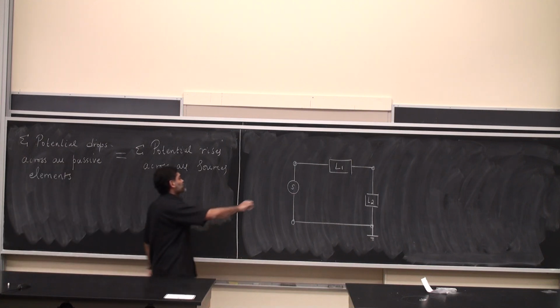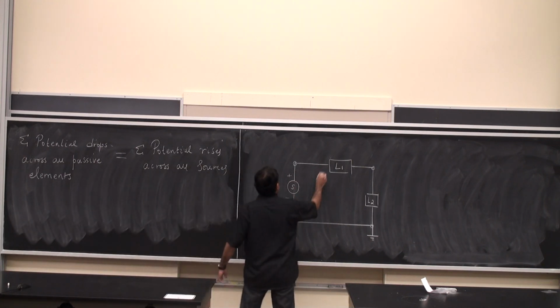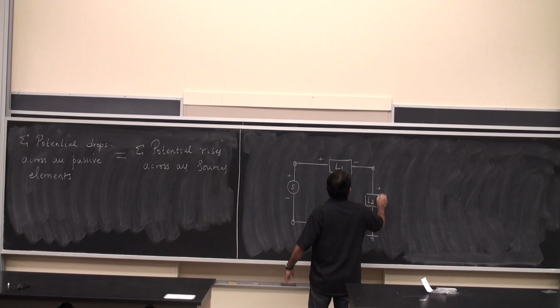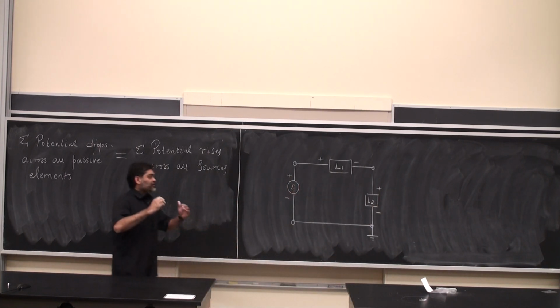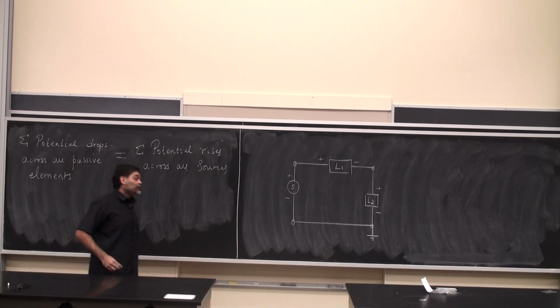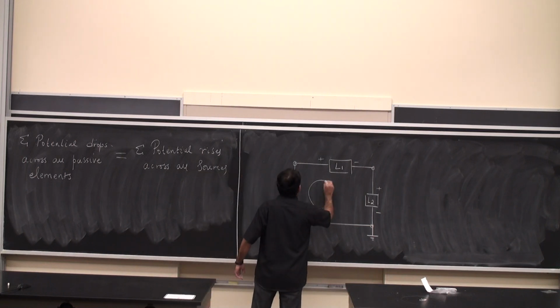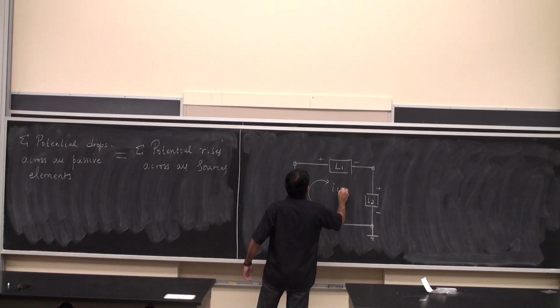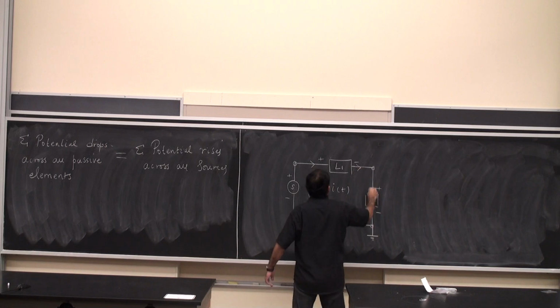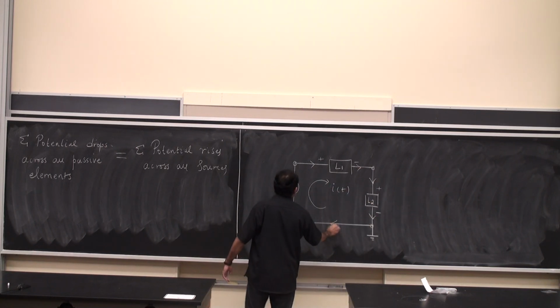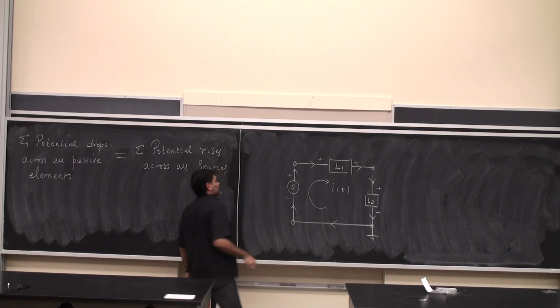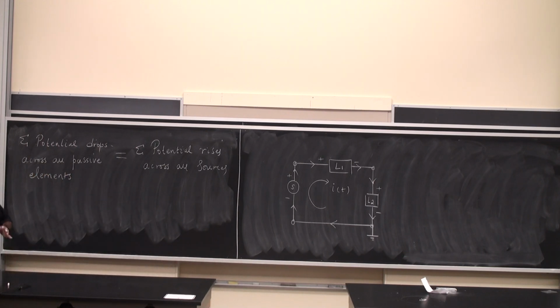And let me assign the signs for these things. Plus, minus, plus, minus, plus, minus. So I have the current flowing in a closed loop, clockwise sense.